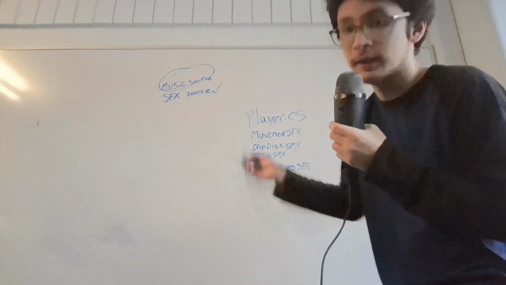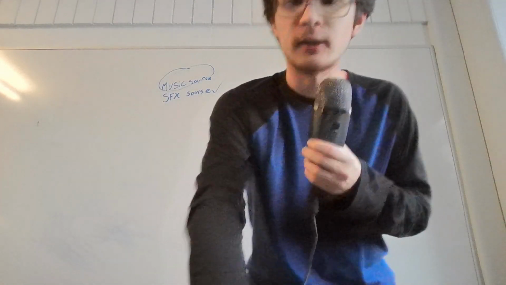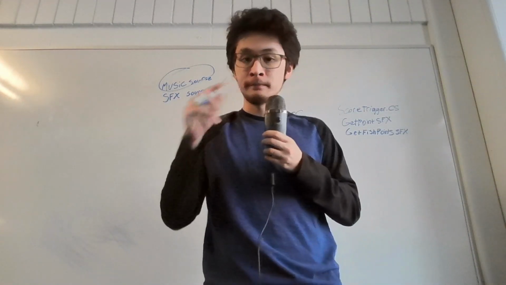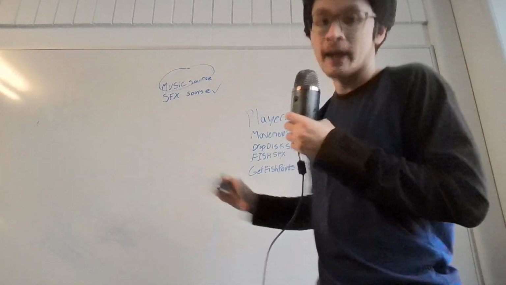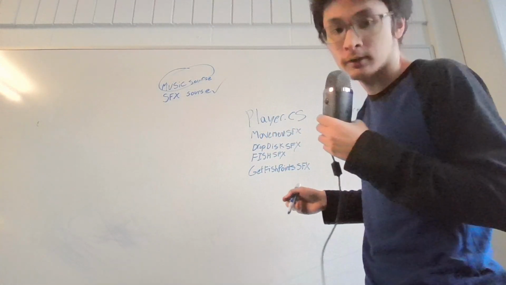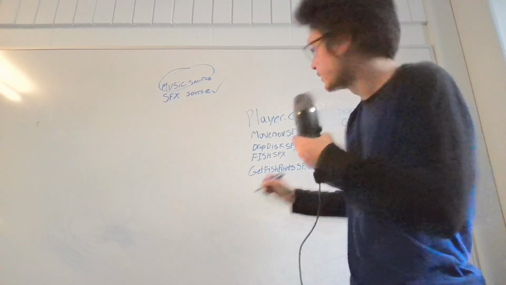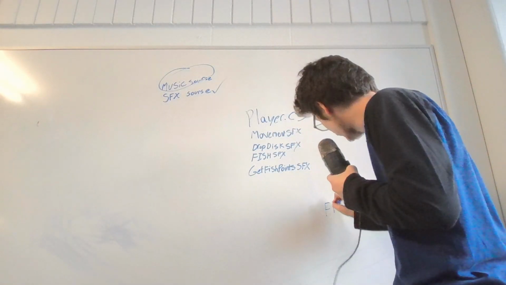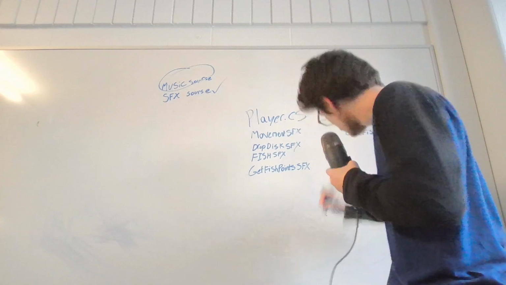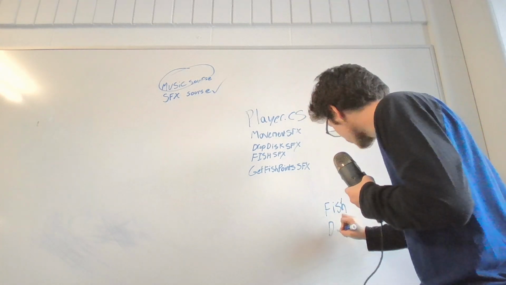Because if you have it set up, it's collider tags and also a game object tag. So we have a game object tag for fish, and I have a game object tag for disc.